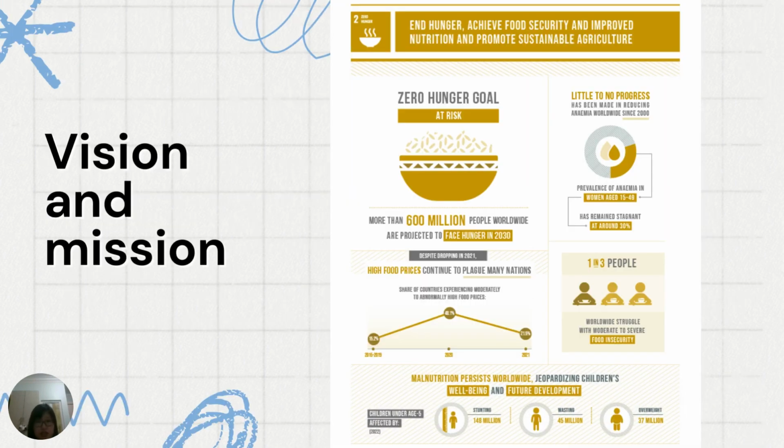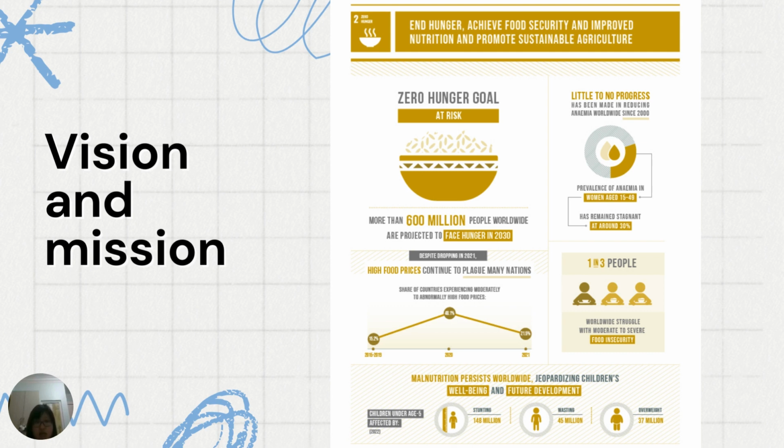Here are the vision and the missions. The goal is that by 2030, more than 600 million people worldwide are protected from facing hunger. Currently in our country there is more climate change and other global challenges, which lead to higher food prices, and food prices continue to increase. This causes a lot of issues that leave people facing hunger.